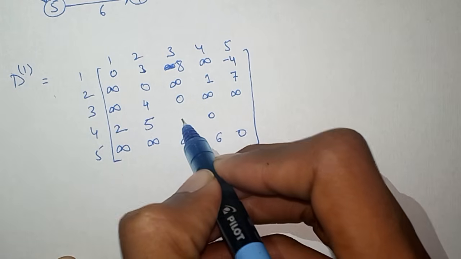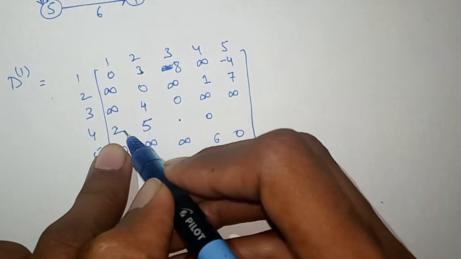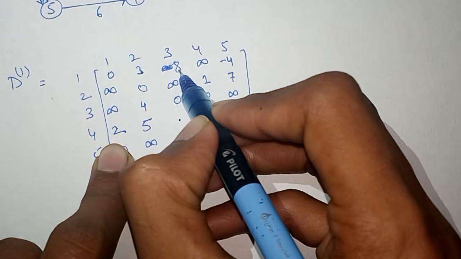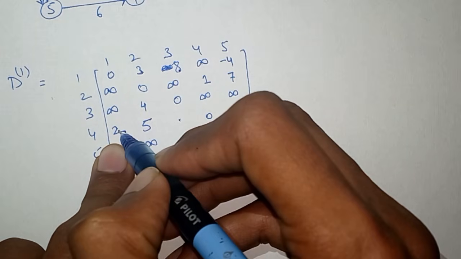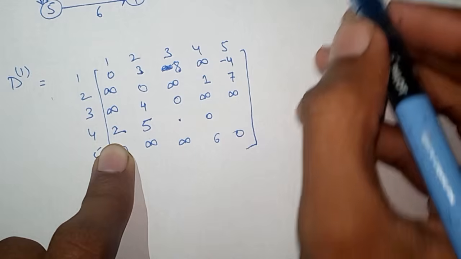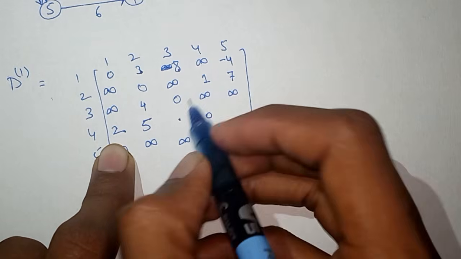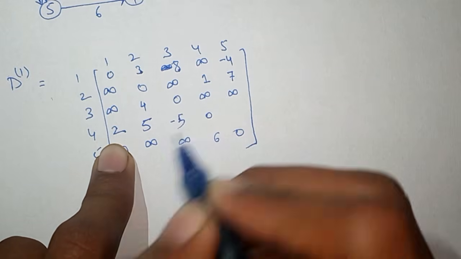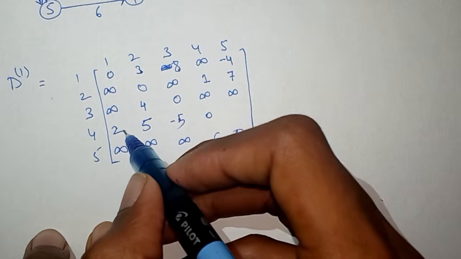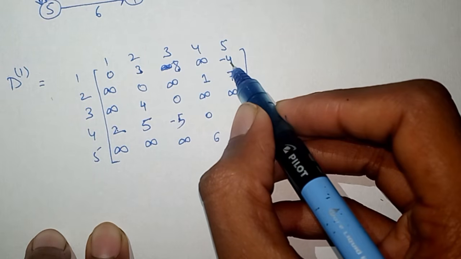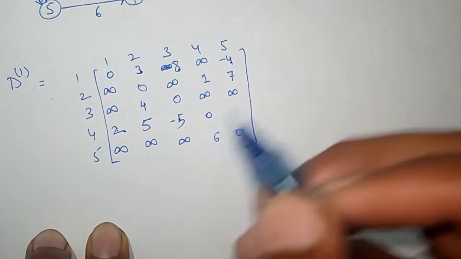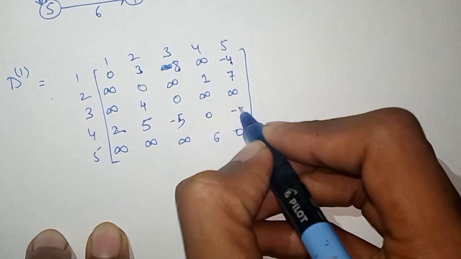Now for this element, summing up this element and this element, that is 8 plus 2 is 10, which is not less than -5, which was in the D0 matrix. So there is no change in this element. Again 2 plus -4 is -2, which is less than infinite, so here will be -2.